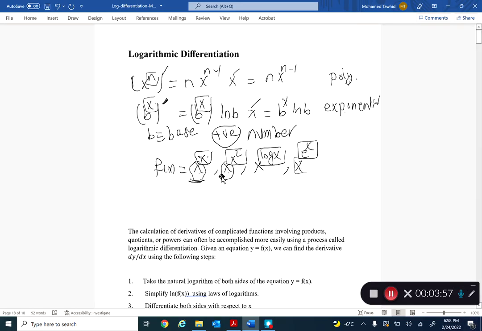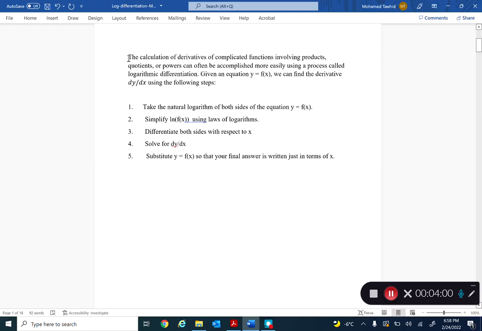I'm going to give a problem and show how to take the derivative, and I'm going to follow these steps. Our goal is to get the derivative of y with respect to x. Let me give you an example first, and then we'll follow the steps I'm talking about.